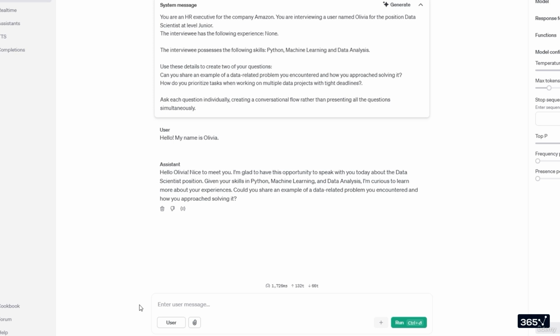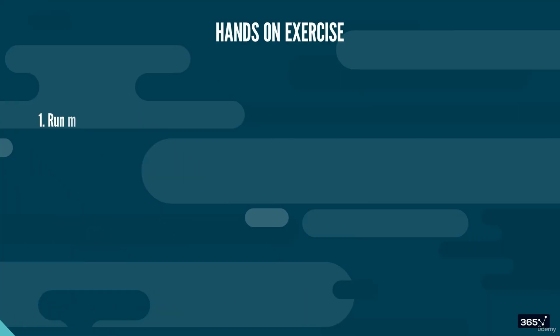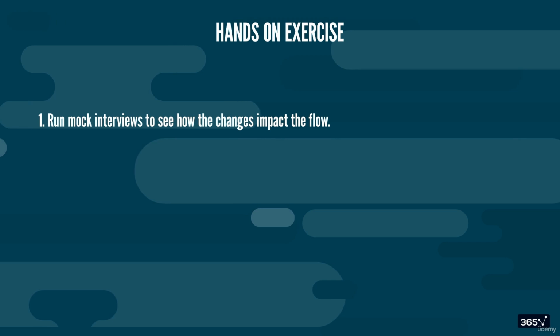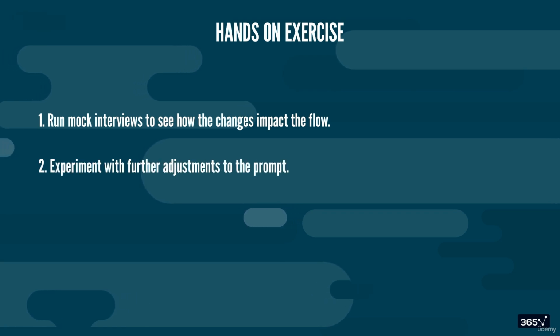For those following along, I encourage you to try this yourself as a hands-on exercise. Run a few mock interviews using the adjusted prompt and see how the changes impact the interaction flow. And don't stop there. Experiment with further adjustments to the prompt to see if you can make the interview flow more smoothly.